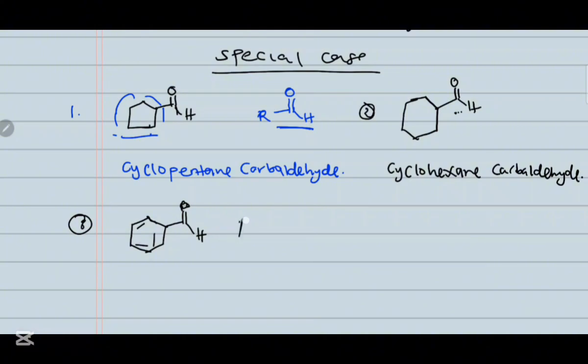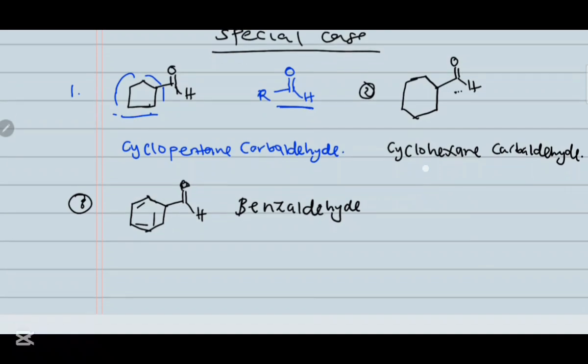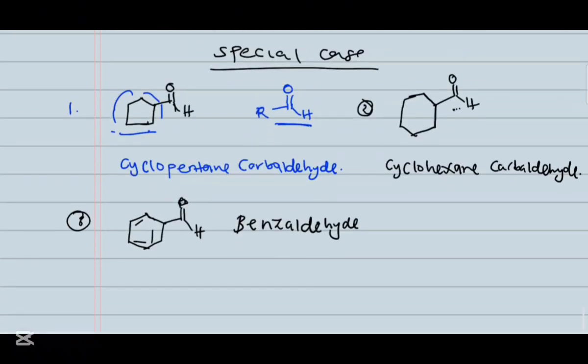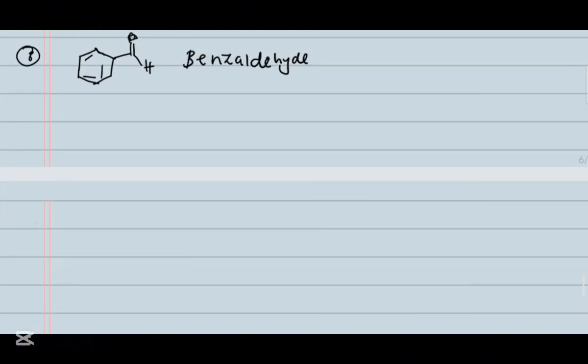So this is called benzoaldehyde. Very simple. Let's go to another example here. Example number 4, you can be provided a structure like this.